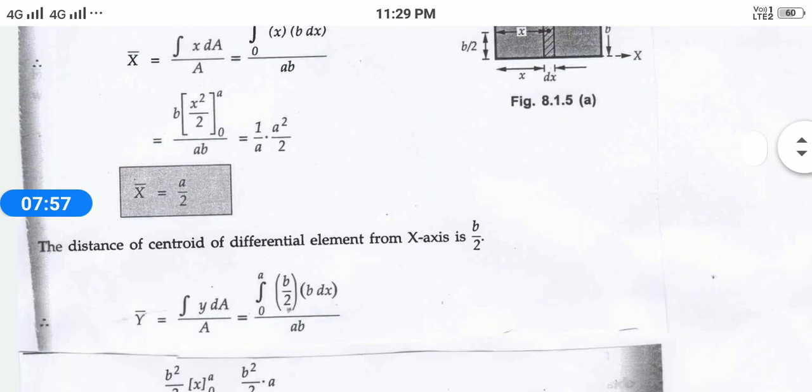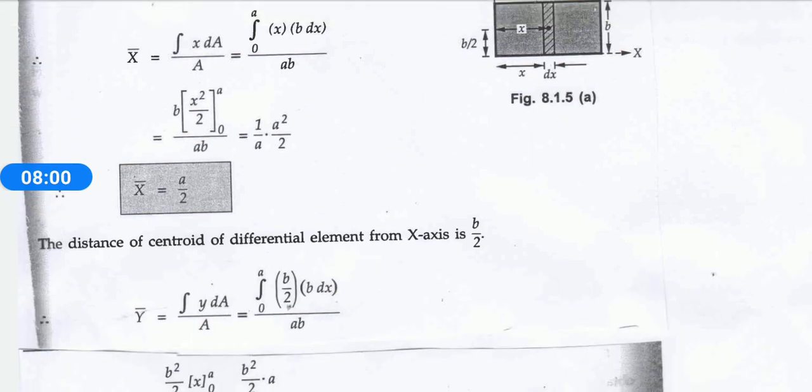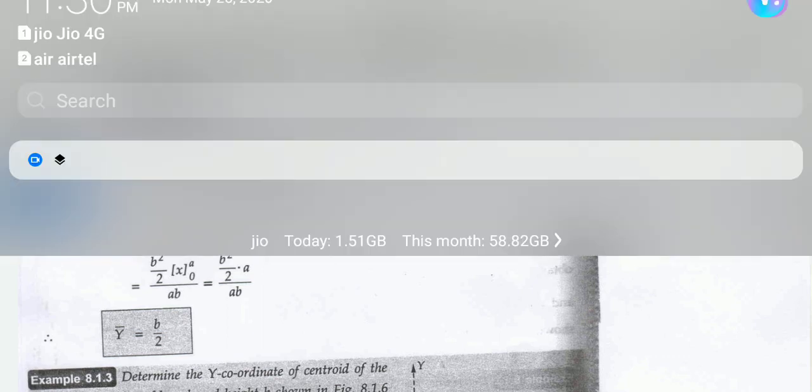The limit will not change, so the same limit you have to adopt, from 0 to a. Substitute b by 2 for y, and dA as b into dx, a is equal to a into b. When you integrate it, you will get the value y bar is equal to b by 2. So we got two coordinates from this, that is x bar and y bar.